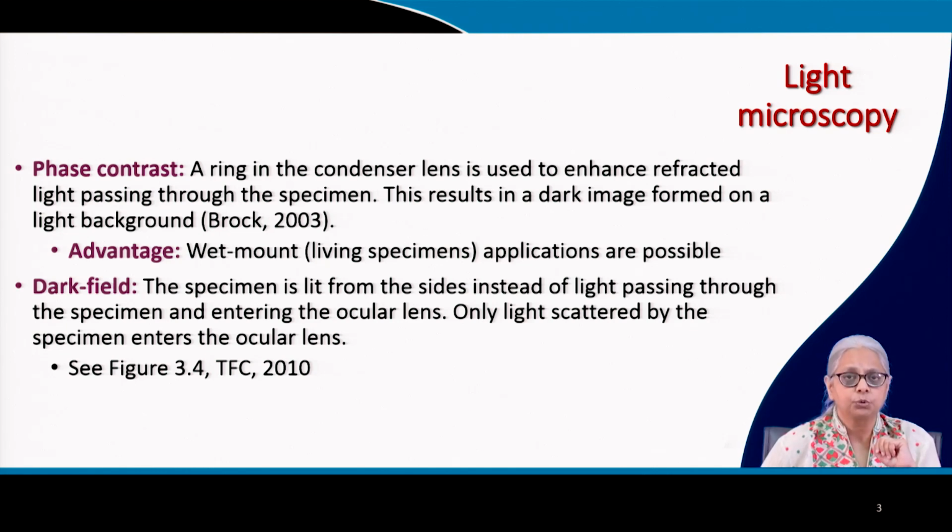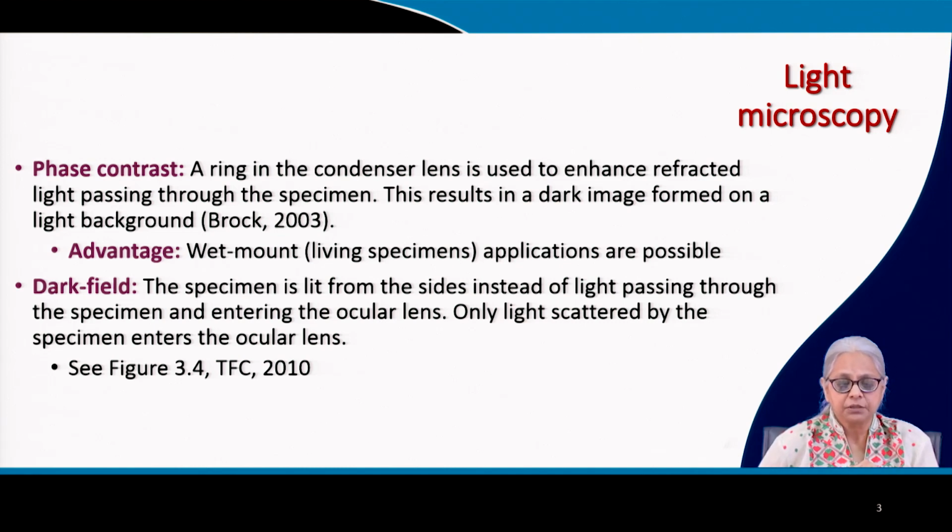It will then pass through what is called a diffraction plate, and then it will reach the ocular lens and the eye. What happens in this case, like I said, is we are utilizing the differences in refractive indices of the different parts of the cell to create an image, and this results in greater differentiation of the internal structures.